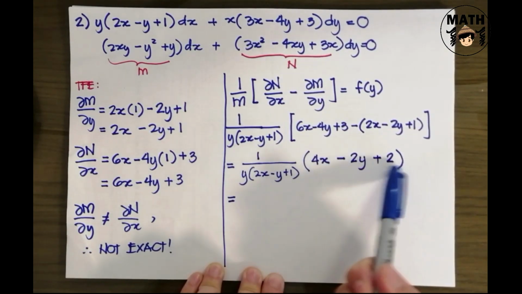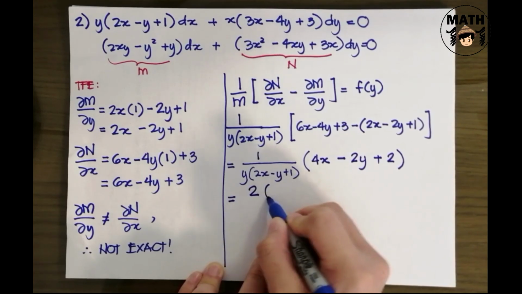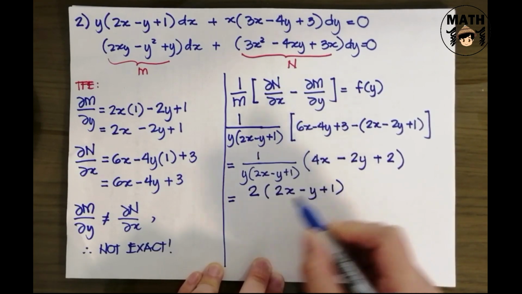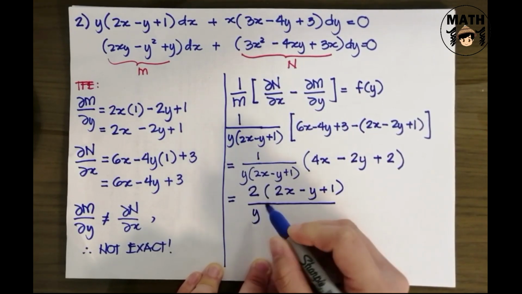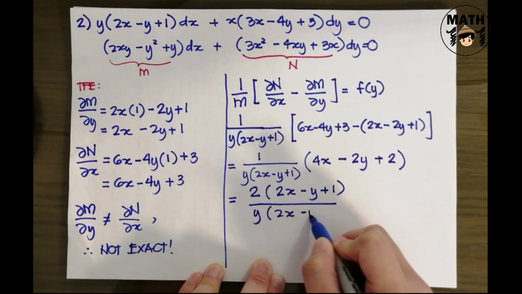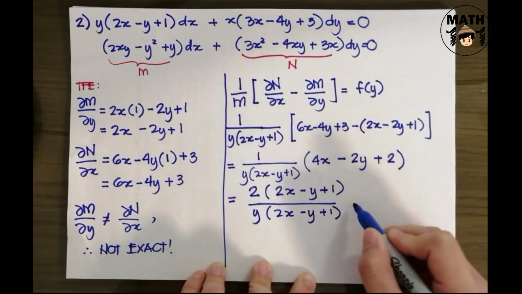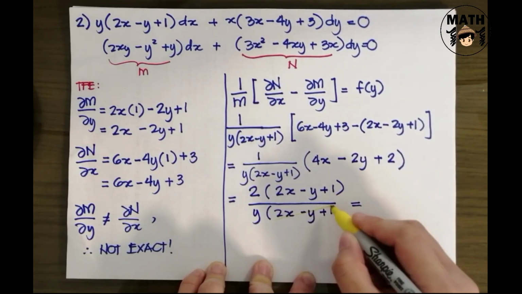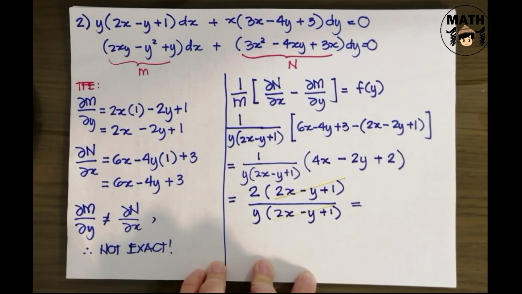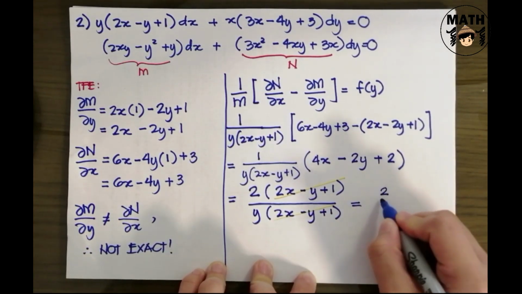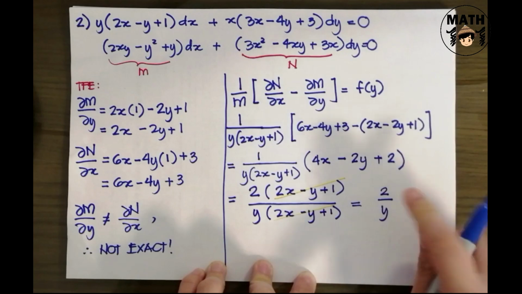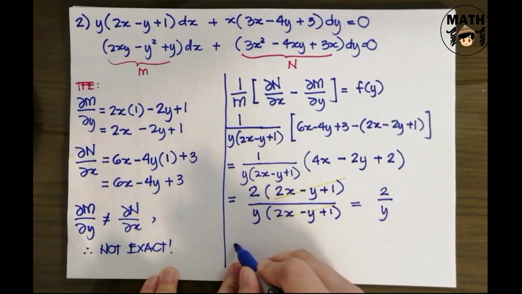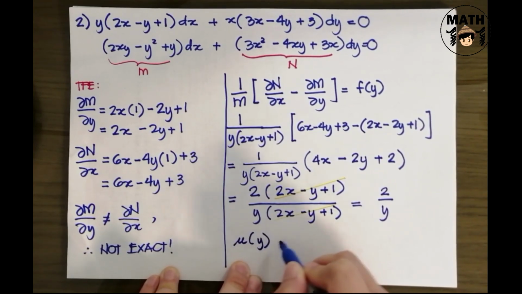We can factor out 2 here, divided by the same M. This is common, so we can cancel. So the result will be 2 over y, which is again a function of y. Yung integrating factor natin, we expect that that is a function of y.